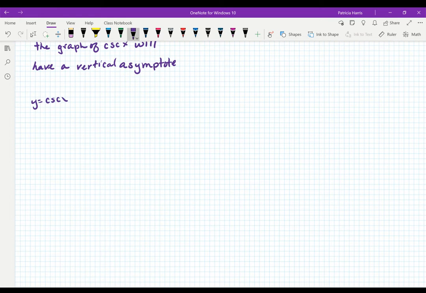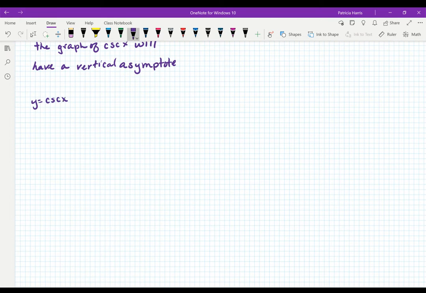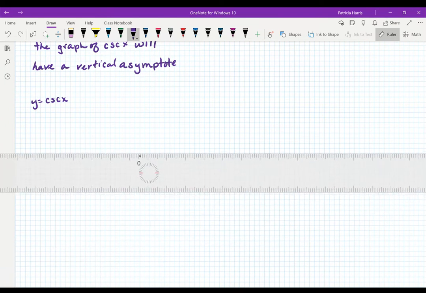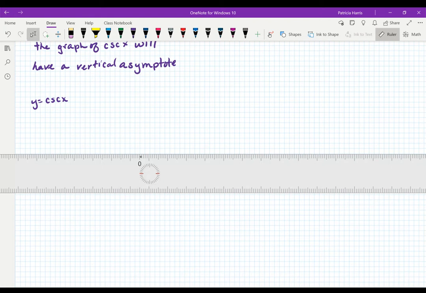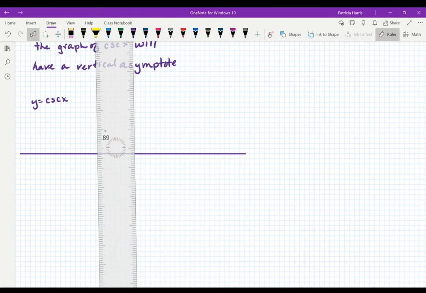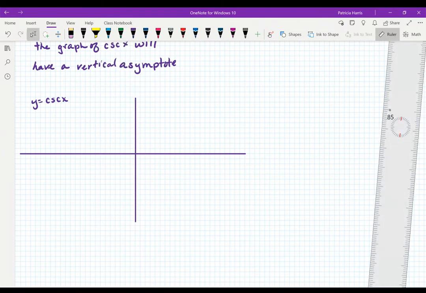So we'll start with cosecant. I'm going to do 2 cycles. All right, here we go.